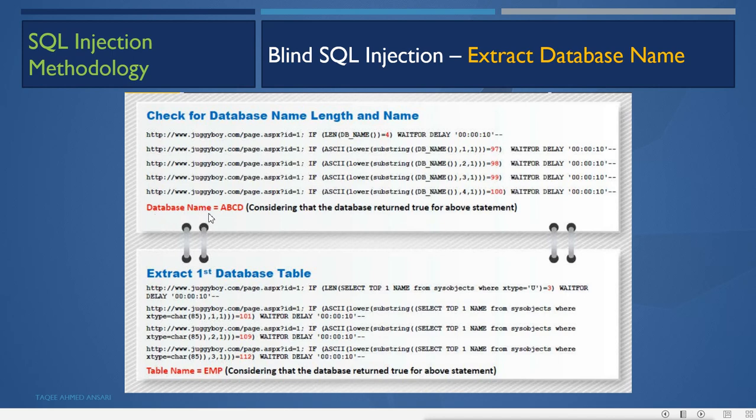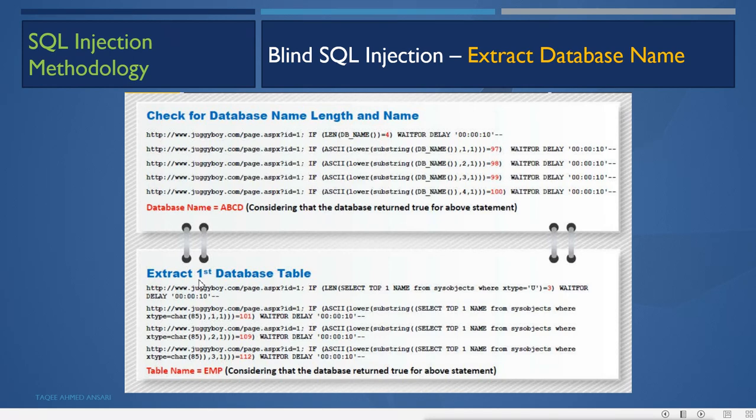Now the database name is A, B, C, D. So considering that the database returned true for the above statements, if suppose your database name is ABCD, then all these queries will return true. That means the first character is A, the second character is B, the third character is C and the fourth character is D.